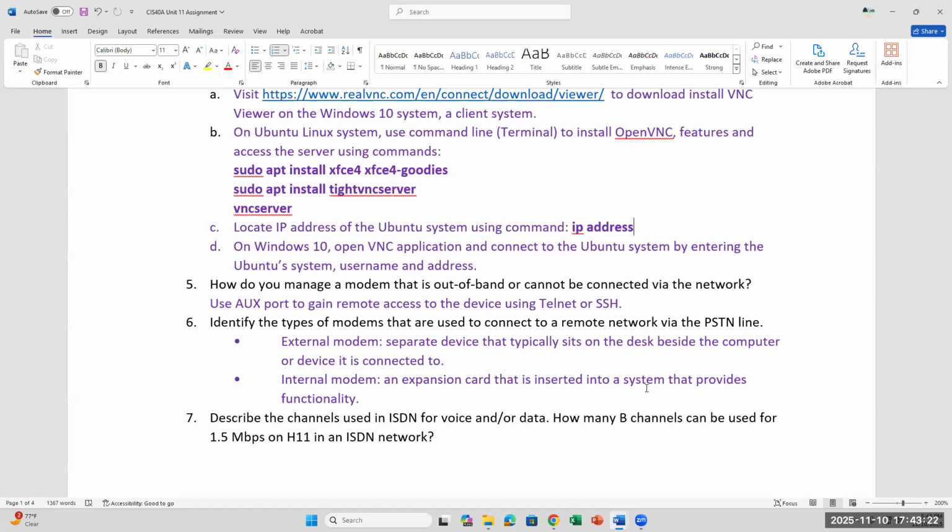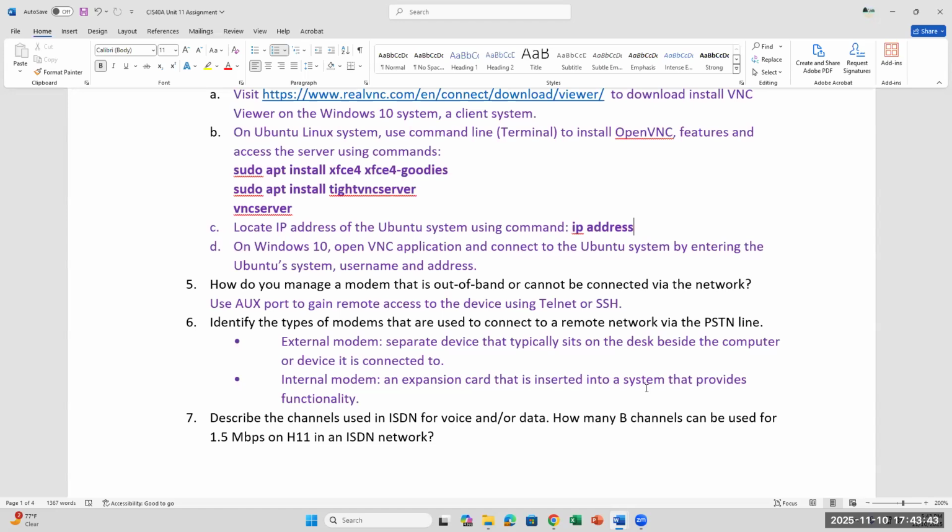For 6, identify the types of modem used to connect to a remote network over a PSTN line. Maybe one day you might go internationally and work in a country that still has the older network and telephone systems.